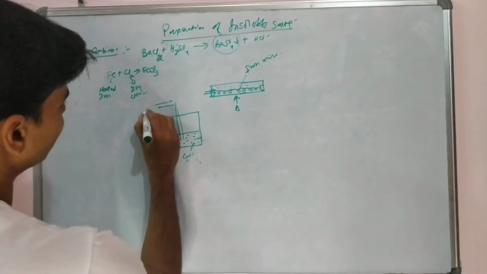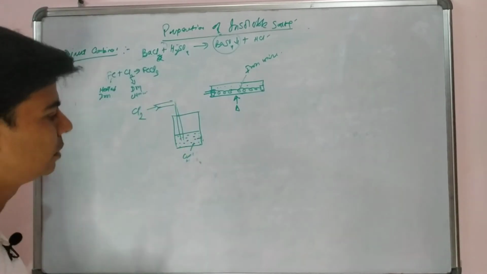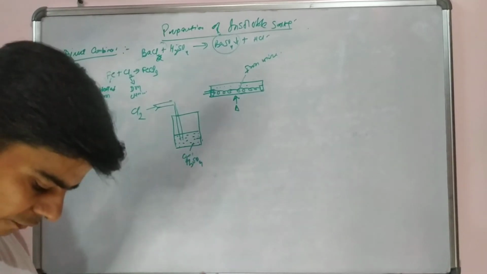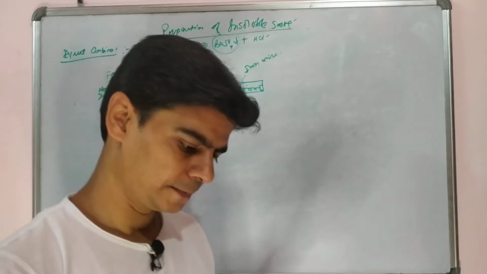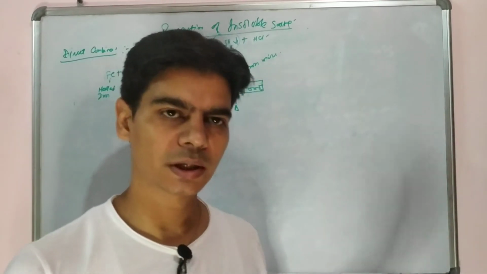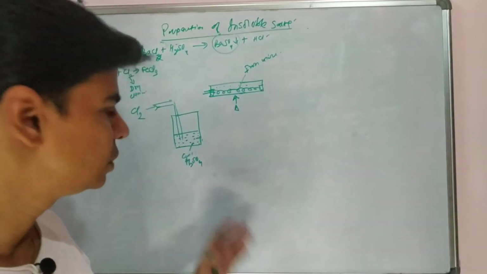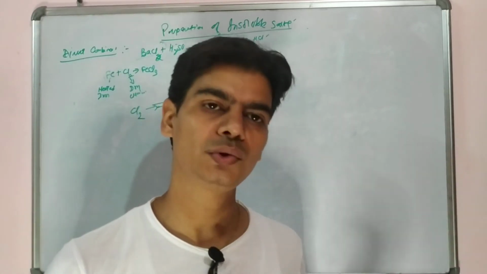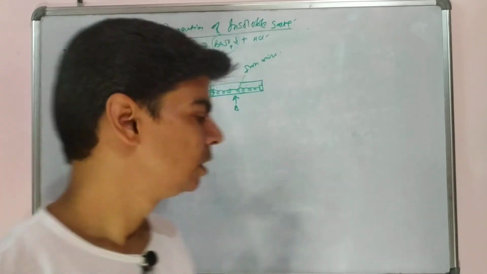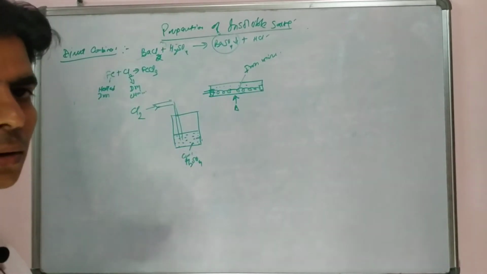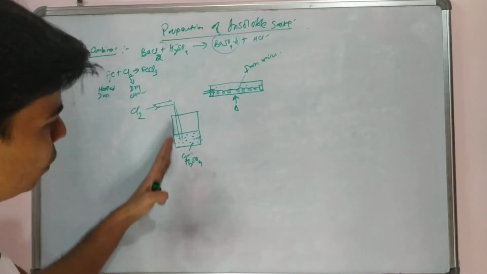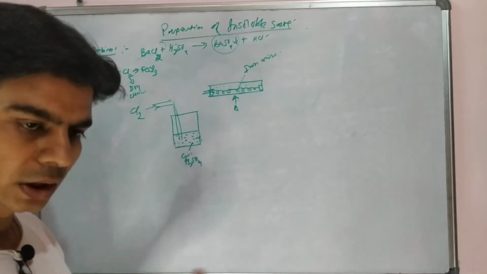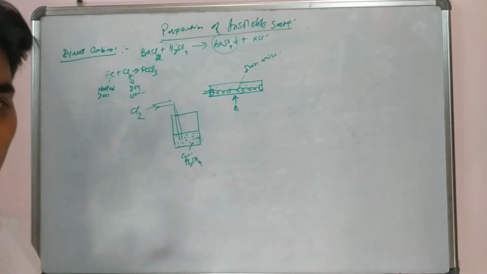So from here it's getting a supply of chlorine, and we know, we have studied or we'll study in the next lecture, that concentrated sulfuric acid is a drying agent. By drying agent we mean it is used to dry gases. So if we pass chlorine through this concentrated sulfuric acid, it will absorb all moisture from the chlorine gas.